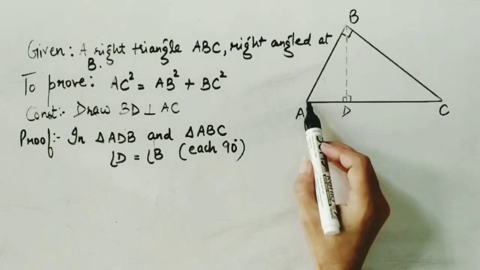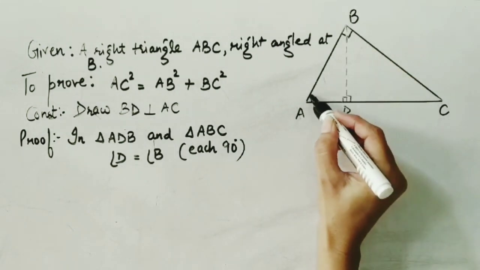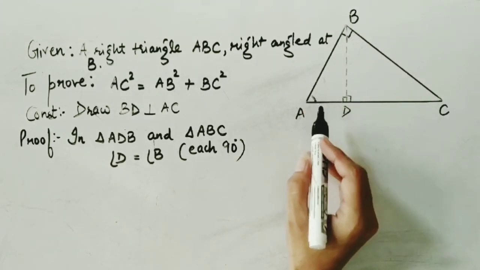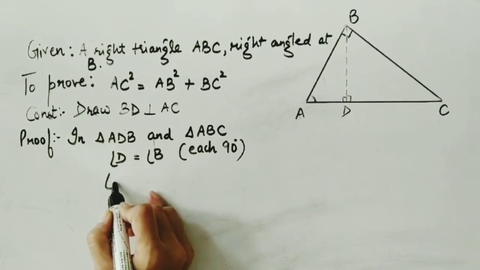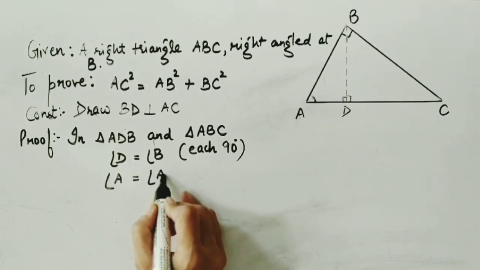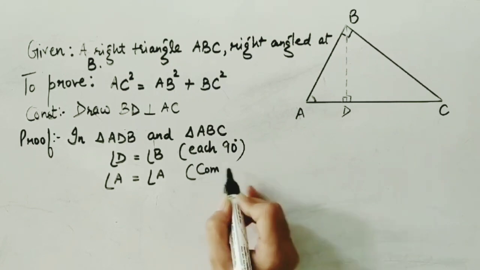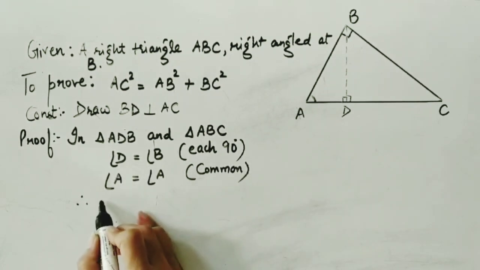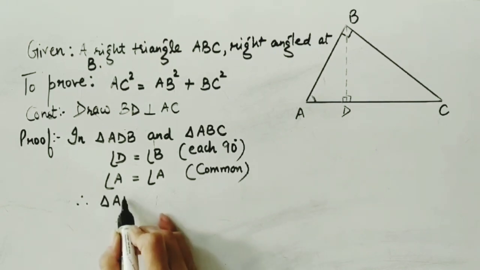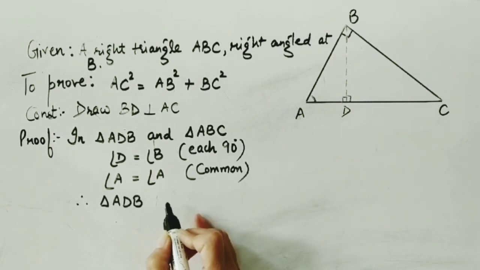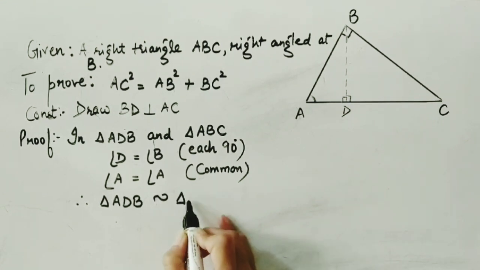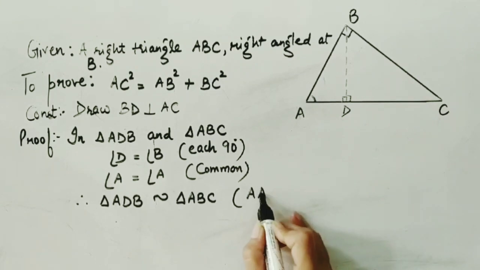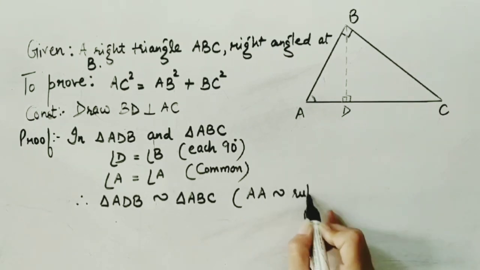Another is in ADB it's angle A, and in ABC as well, angle A is contained. So angle A equals angle A, that is the common angle. Therefore, triangle ADB is similar to triangle ABC, and the rule is the angle-angle similarity rule.